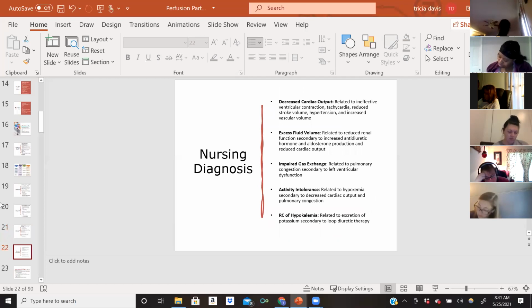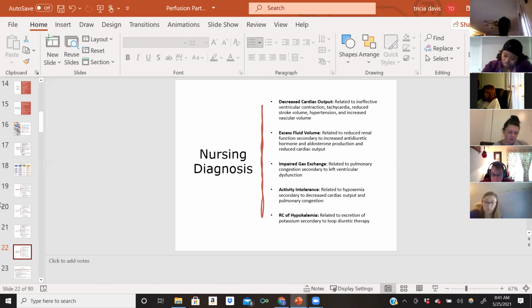So some of the nursing diagnoses that we would see for heart failure, we're going to see decreased cardiac output. Could be related to ineffective ventricular contraction, tachycardia, reduced stroke volume, hypertension, and increased vascular volume. We can also see excess fluid volume related to reduced renal function, which is going to be caused by that increased antidiuretic hormone, and then aldosterone production and reduced cardiac output.